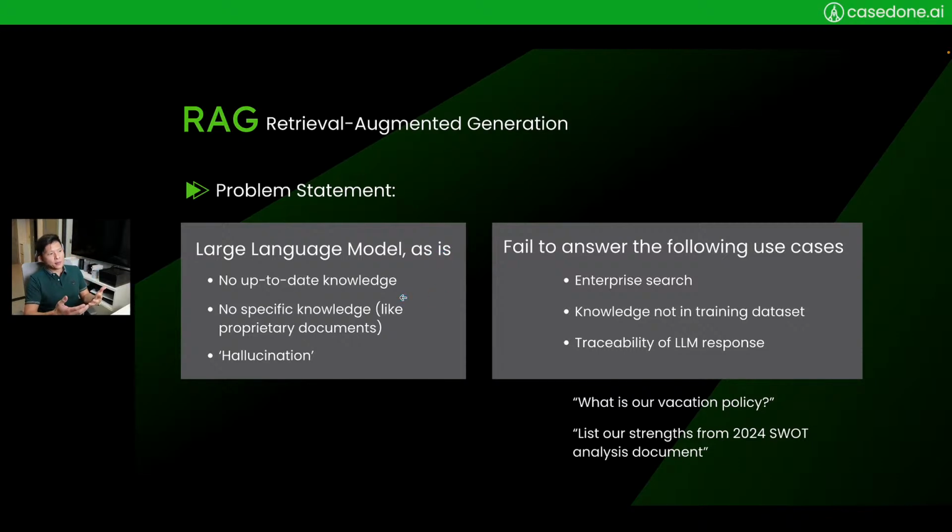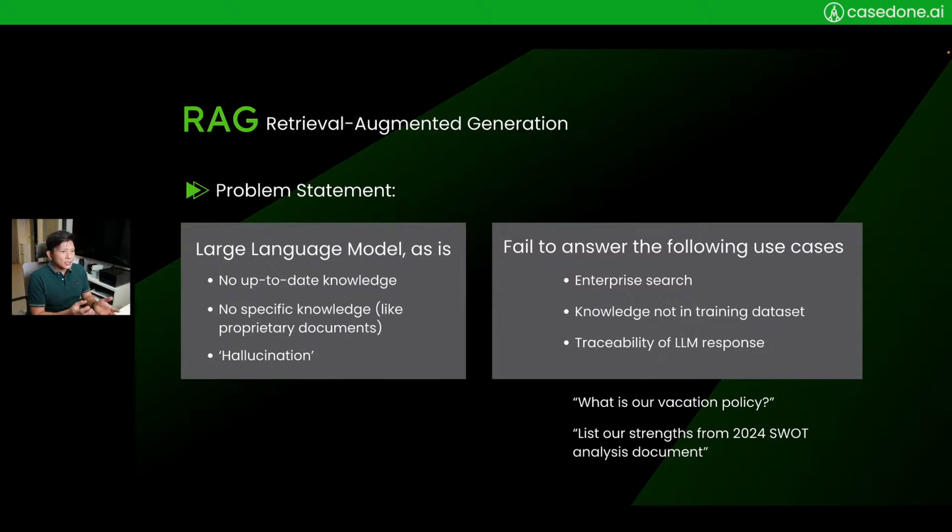It will not have specific knowledge like your company's proprietary documents, because OpenAI hasn't been using those documents to train the model. And also, if you ask large language models for a response, it can hallucinate, meaning it responds in a way that is false, giving you false information with high confidence, and that's not good.